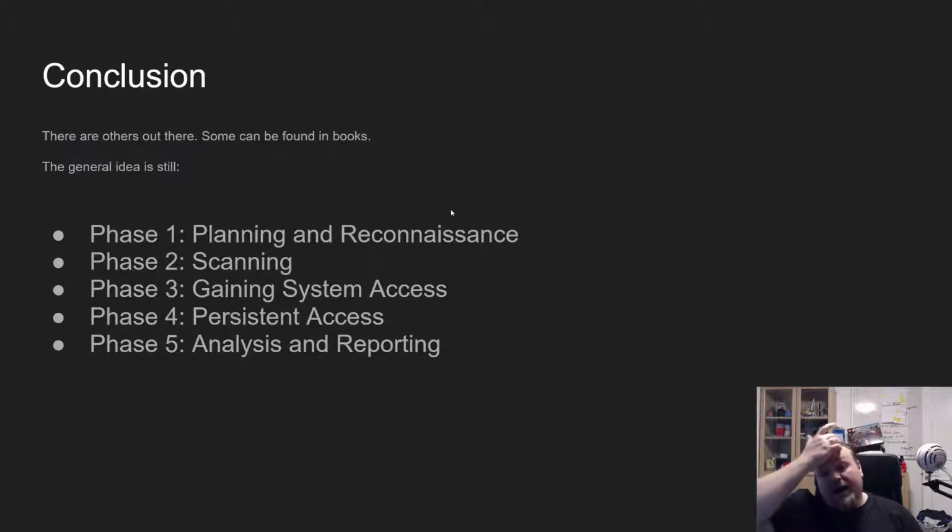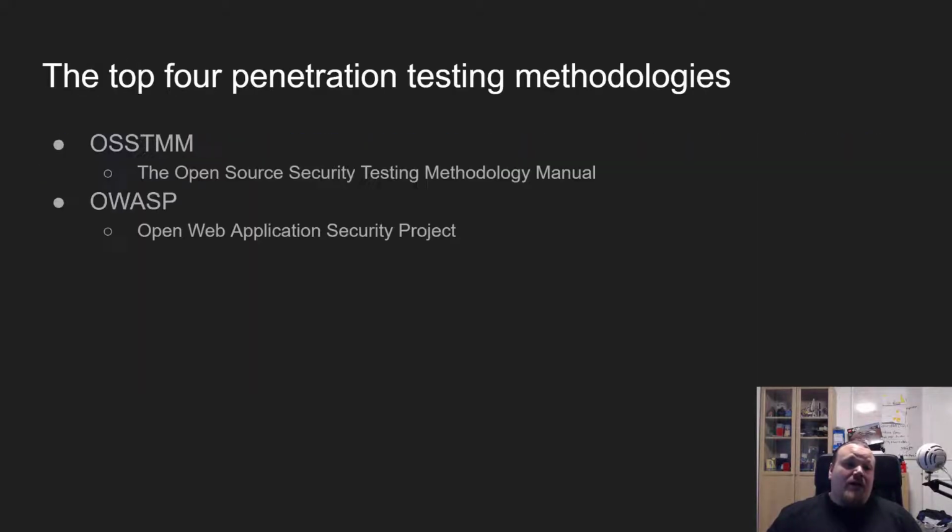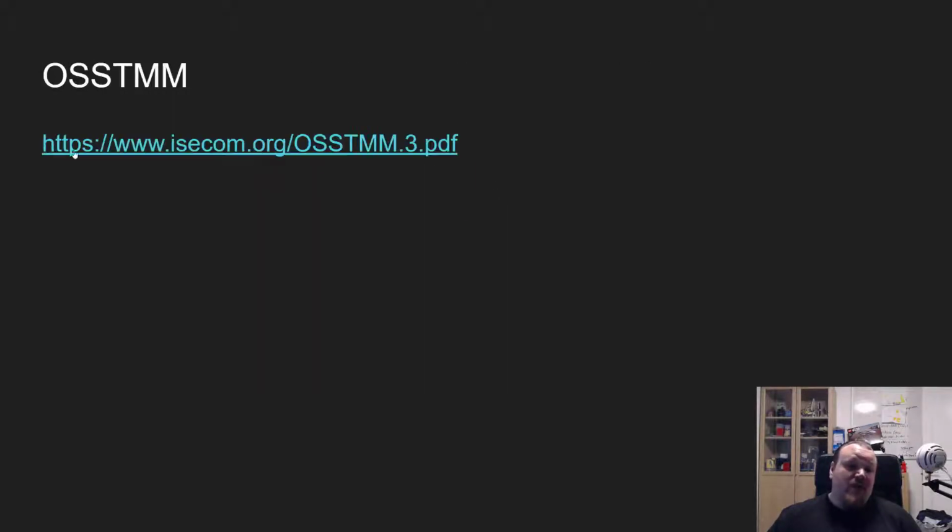Or if you are hired by a company that says, we need you to use this framework, and you either don't know that framework, or you know it. Maybe you are educated using the Open Source Security Testing Methodology Manual, which is isecom.org.